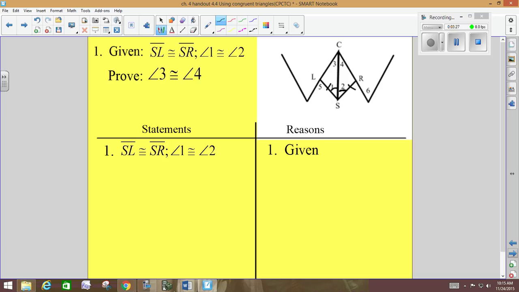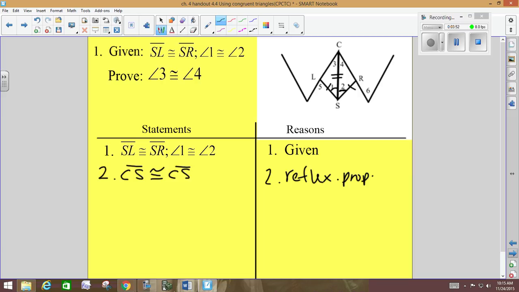What do you know, Ben? CS, what about it? Good. By what, sorry? Awesome. So step 2, CS is congruent to CS itself by the reflexive property. Emma, would that be enough to say that the two triangles are congruent?